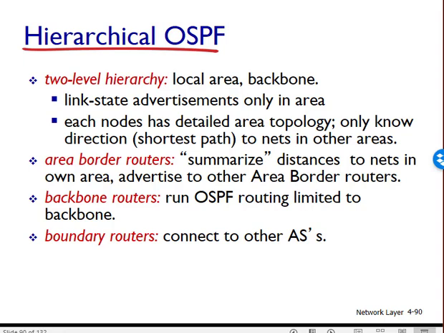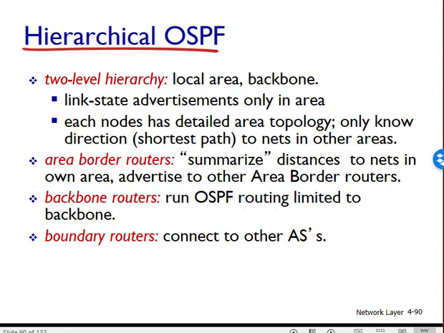Lastly, exactly one OSPF area in the autonomous system is configured to be the backbone area. The primary role of the backbone area is to route traffic between the other areas in the autonomous system. The backbone always contains all area border routers in the autonomous system and may contain non-border routers as well.